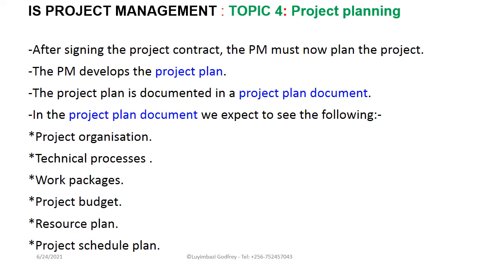We have also looked at topic number 3, which looks at the information system project life cycle, and the project life cycle process groups, or project life cycle phases. One of these process groups is the so-called project planning process group, or project planning phase.